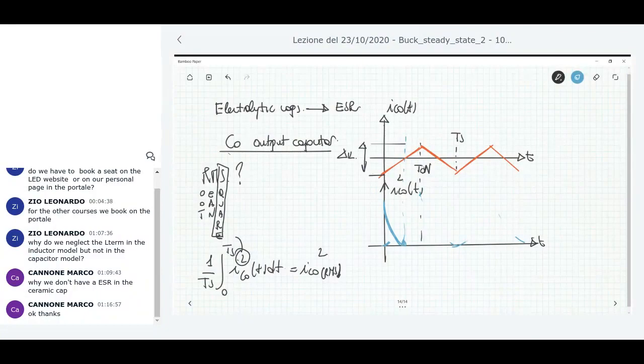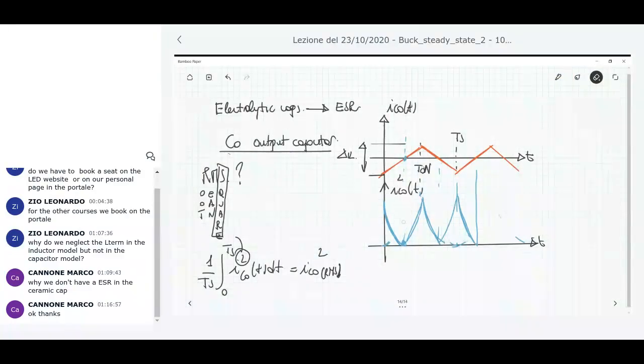You get 0 here, and you get something. Which is the maximum value?